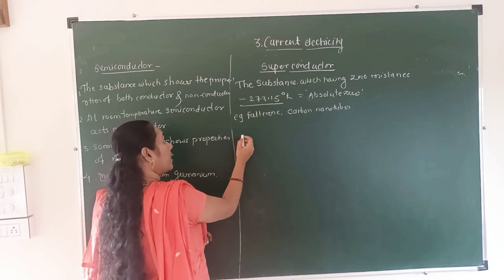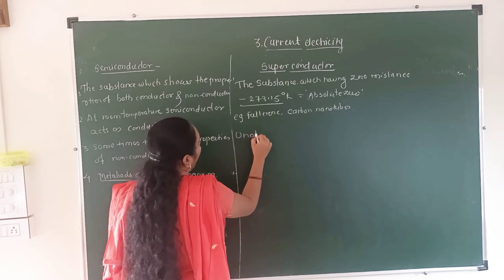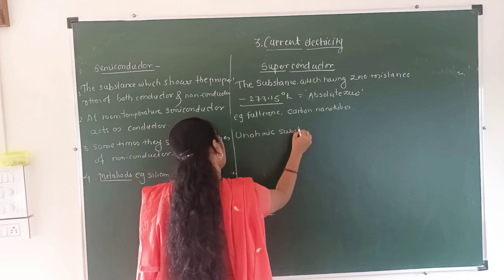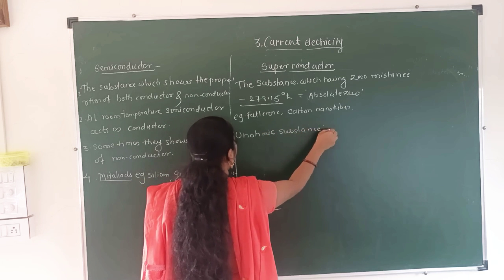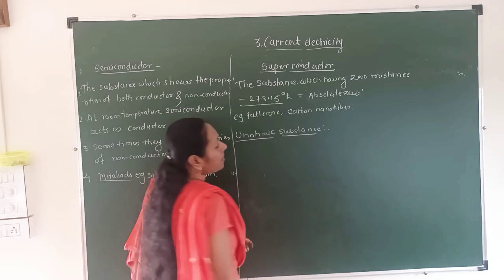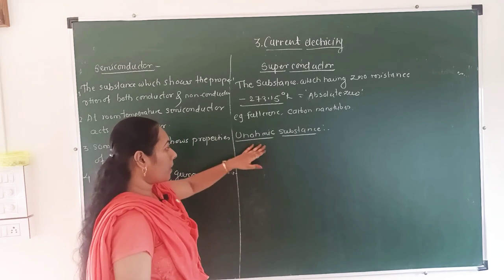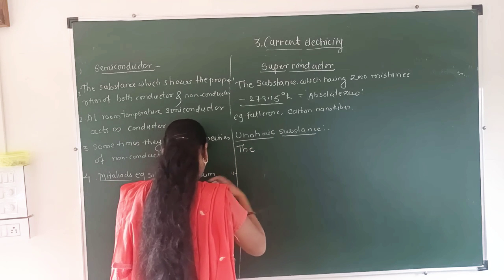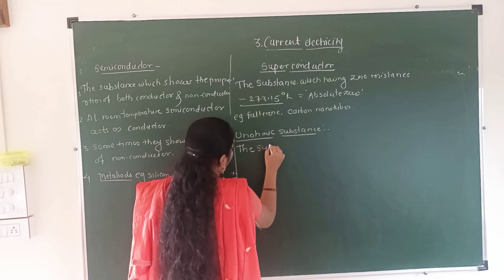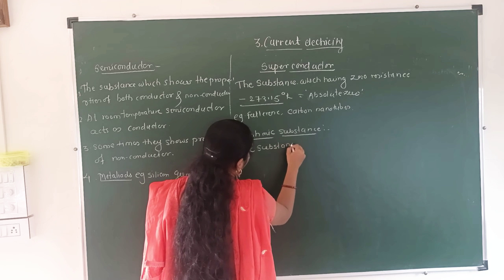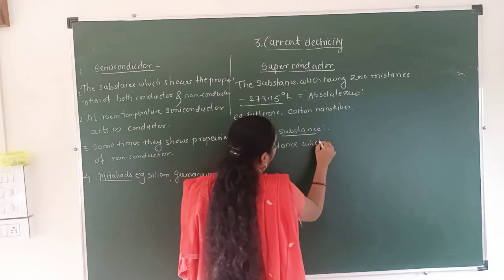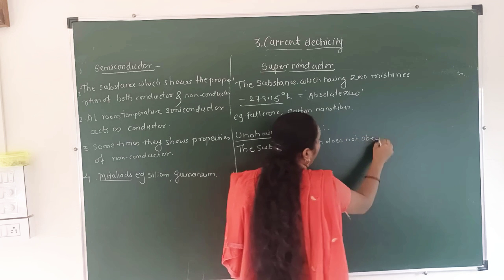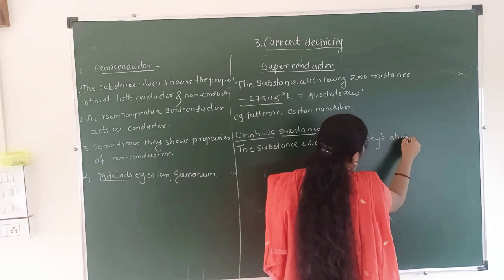And the last point is unohmic substances. Ohmic substances obey Ohm's law, and unohmic means the substances which do not obey Ohm's law.